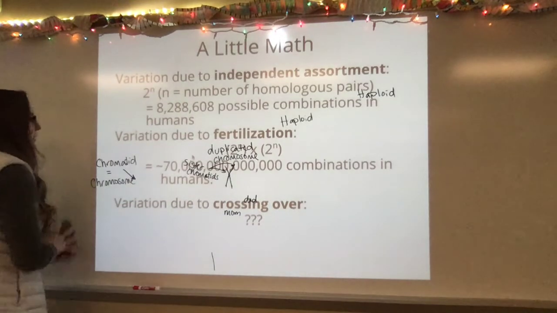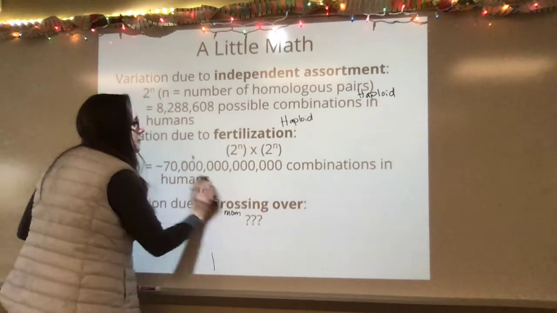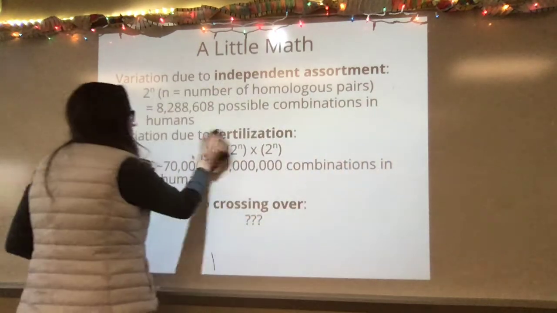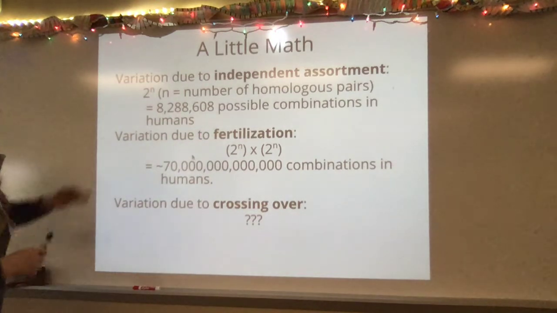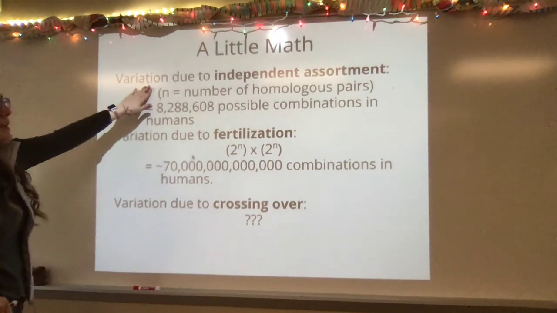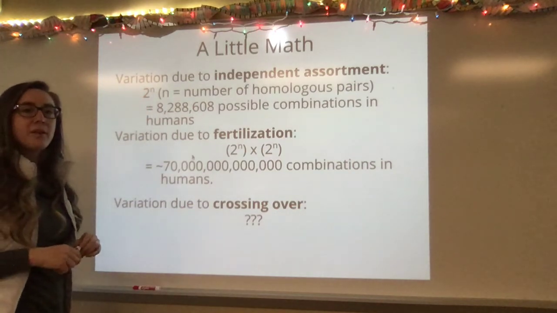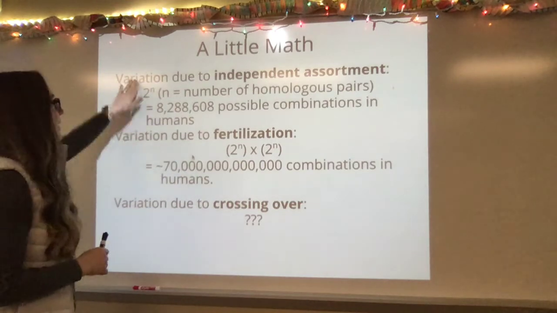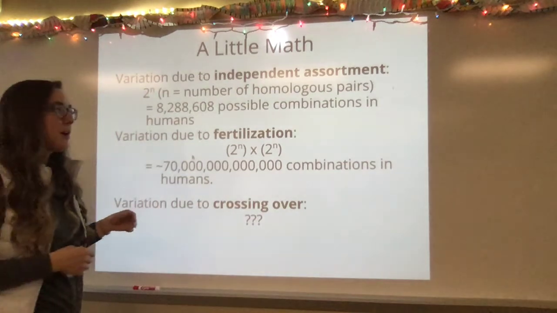So when we think about meiosis and those genetically different gamete cells, some things to keep in mind as to how that genetic variation happened. It's due to independent assortment. When those homologous chromosomes separate from one another and rearrange themselves in meiosis 1, that can contribute to 8 million different possible combinations.